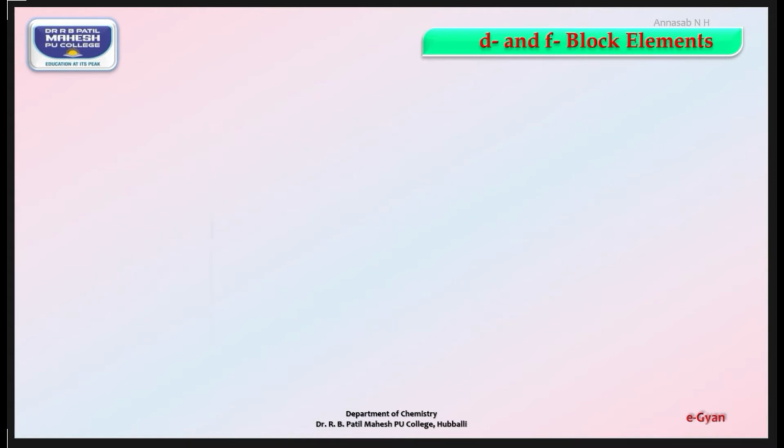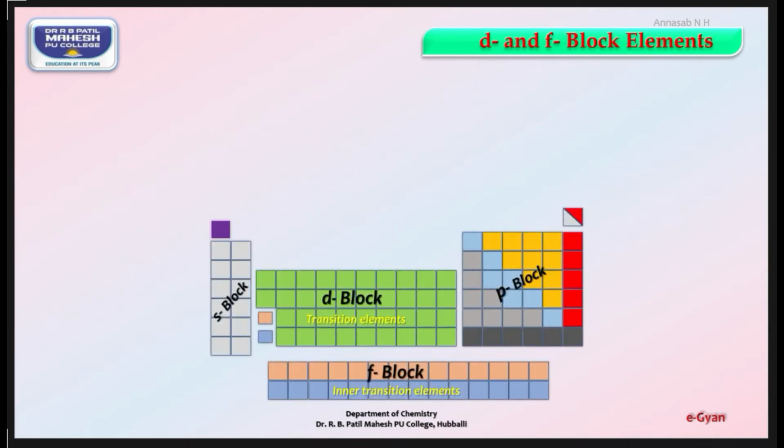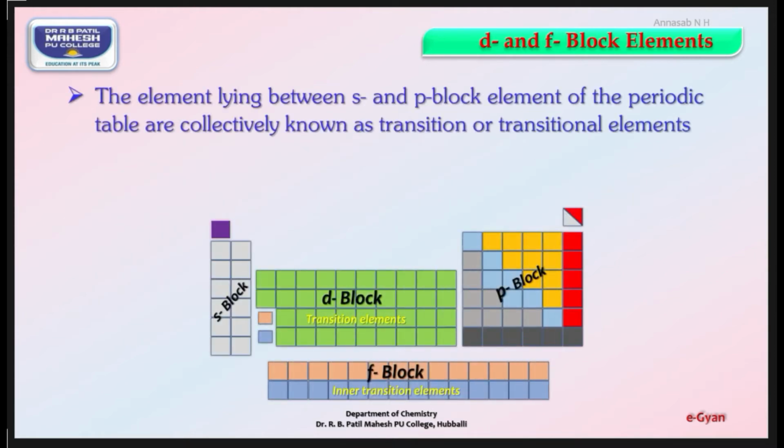Moving further, the elements lying between S and P block elements of periodic table are collectively known as transition or transitional elements.